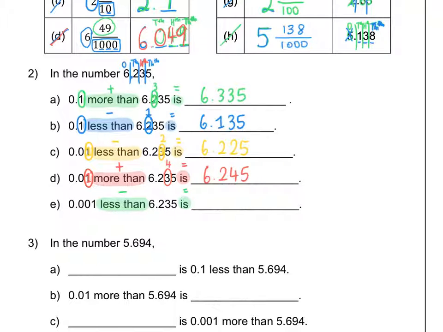The digit 1 is in the thousandths place. Okay, so you focus on the thousandths place, that is your digit 5 here. Less than means minus, 5 minus 1 gives a 4. So your answer is 6.234. This is your answer for part E.